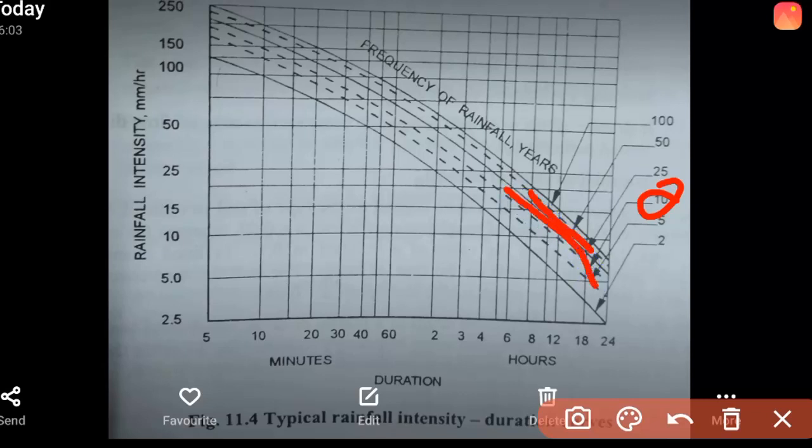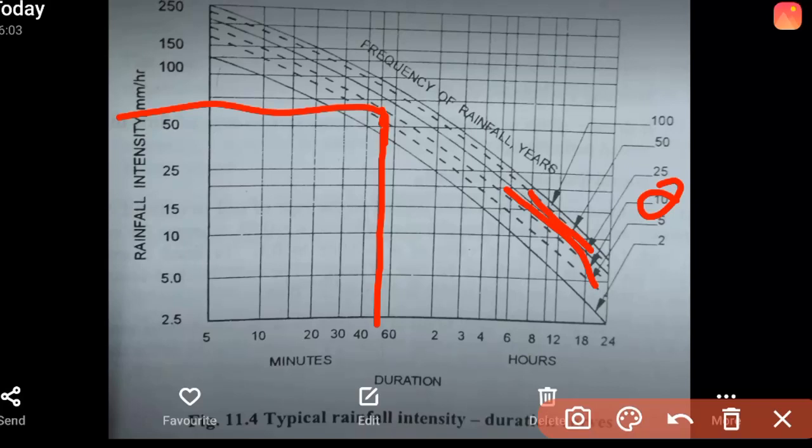The second dotted line is that, and for 48 minutes of duration, nearly here, so where it cuts the second line, from that we need to draw straight and check.